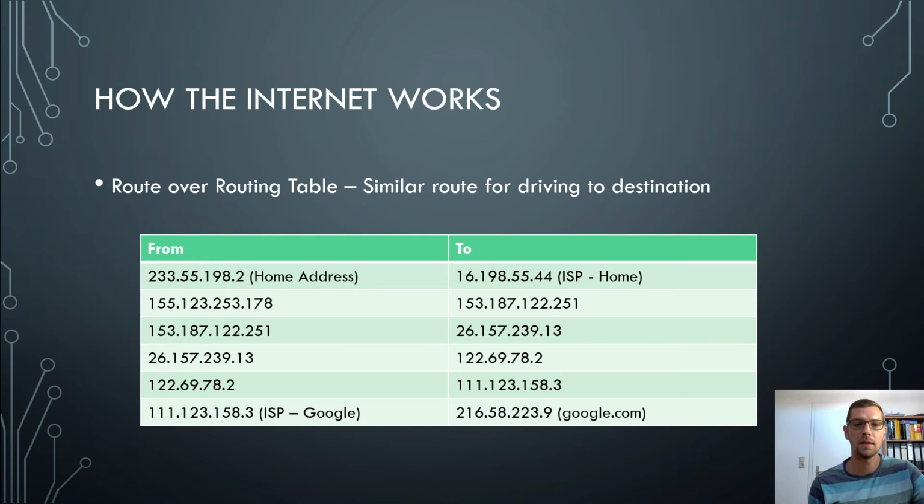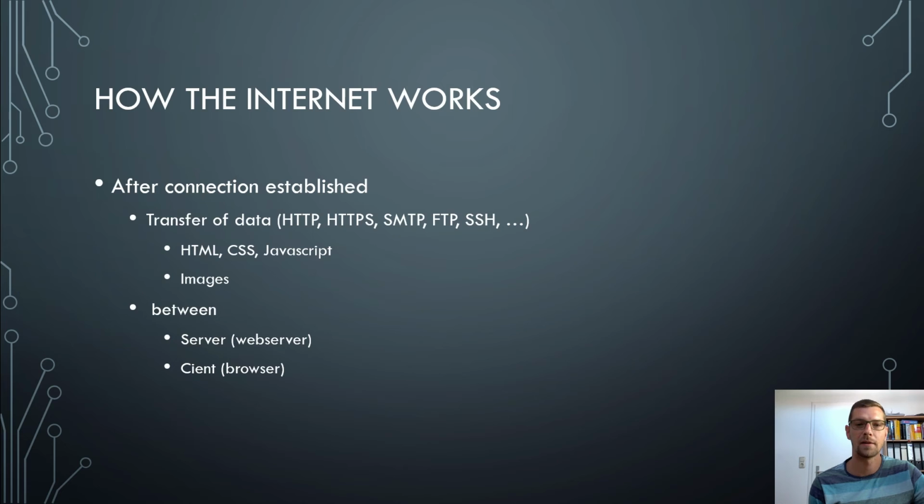Alright, so here we have, for example, our home address. Then we go to our internet service provider, and then we have certain servers in between where we go through until we finally come to the internet service provider of Google, which then delegates the request to the server of google.com, and then we go the same way back.